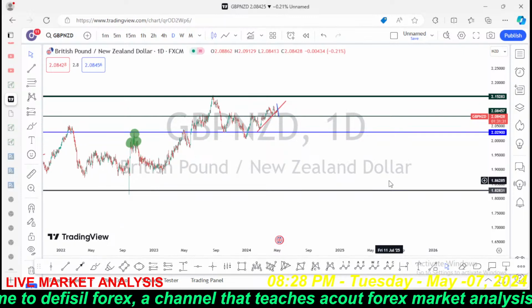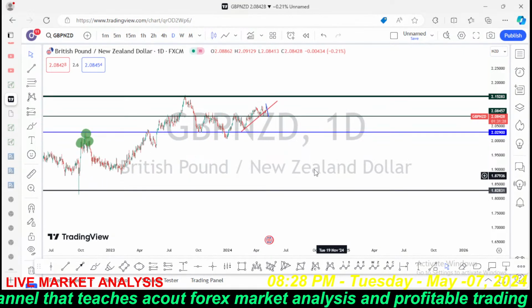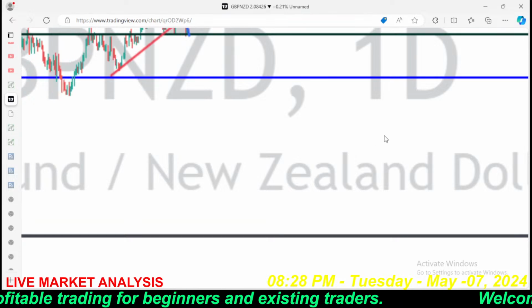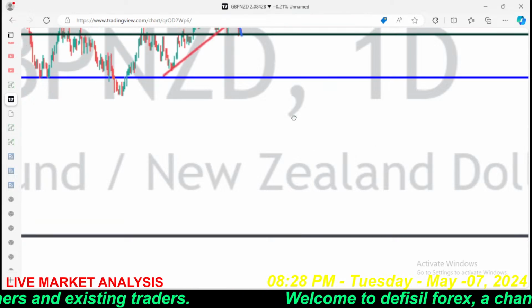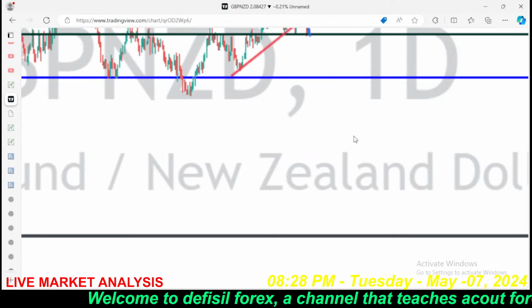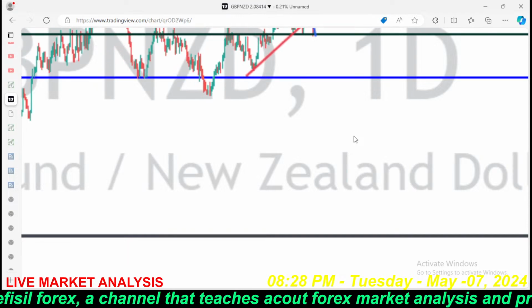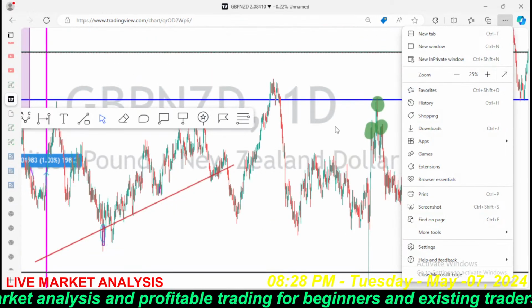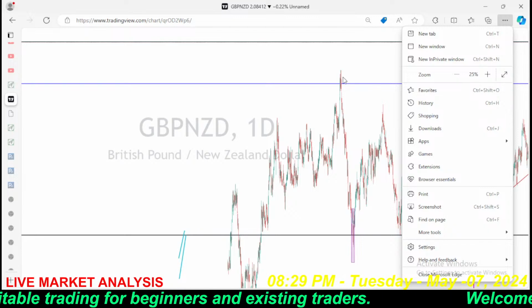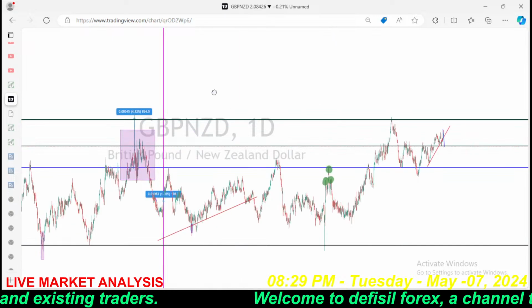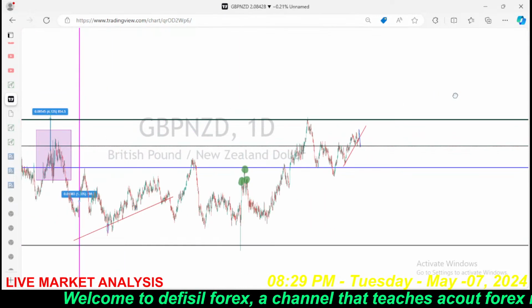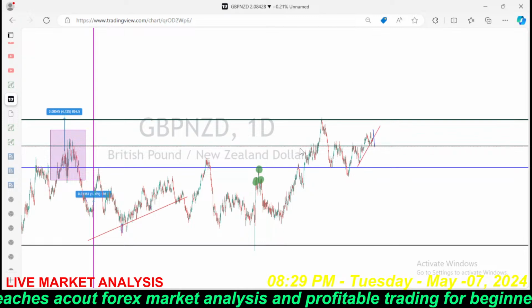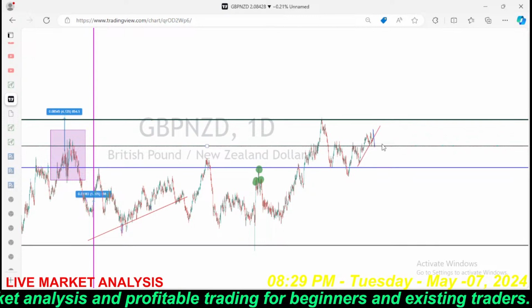You can see how we have a lot of price clustering at this area, which is the point where the market has currently just arrived.